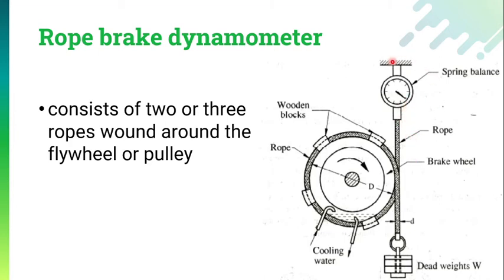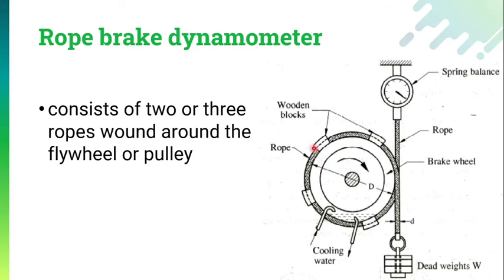So this spring balance will show me how much force is acting in the upward direction. The second end of this rope is a free end where the dead weights will be attached. This is the dead weight section, which will be indicated by capital W.